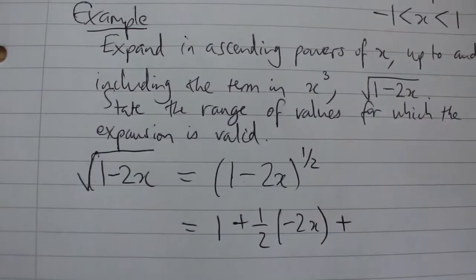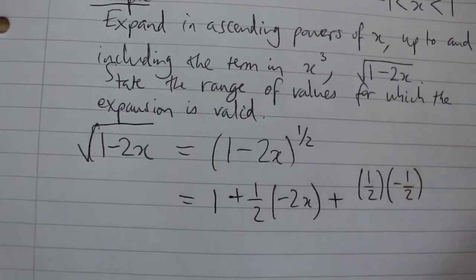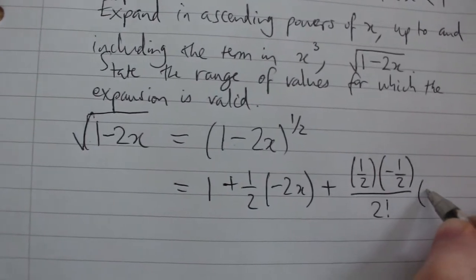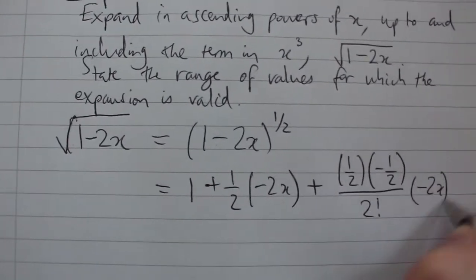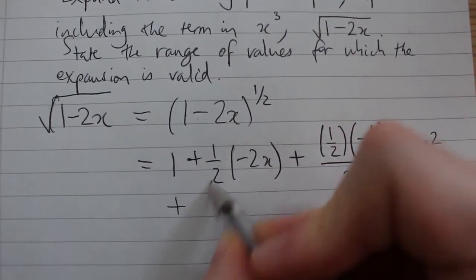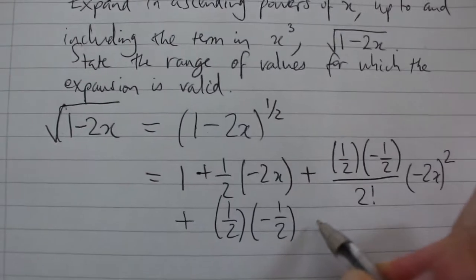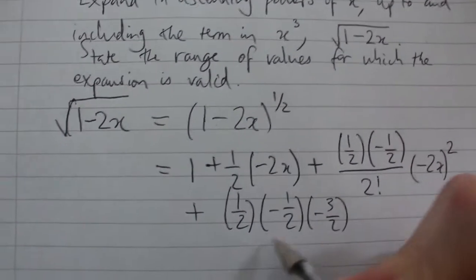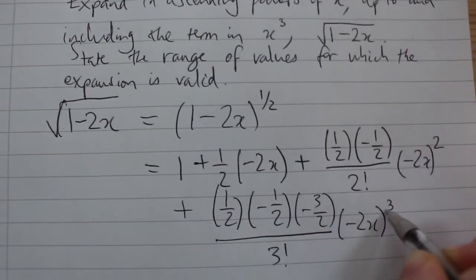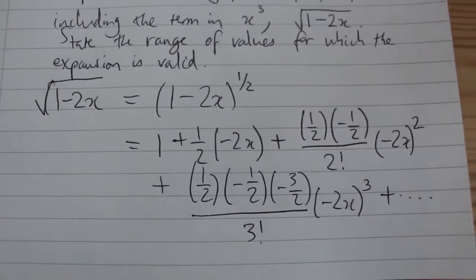And then the next term is n times n minus 1, so that's a half times minus a half, over 2 factorial times minus 2x squared. And then the next term is n times n minus 1 times n minus 2, all over 3 factorial times minus 2x cubed, and it continues, but we only need these terms.